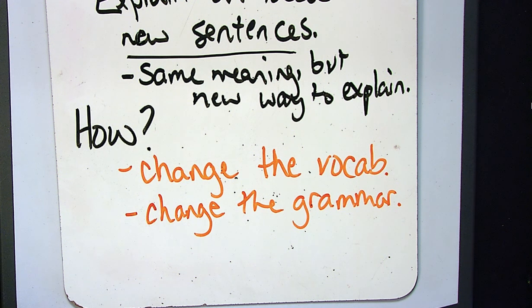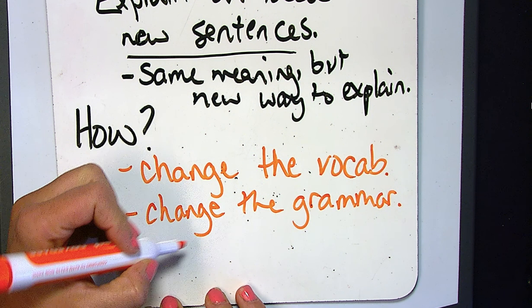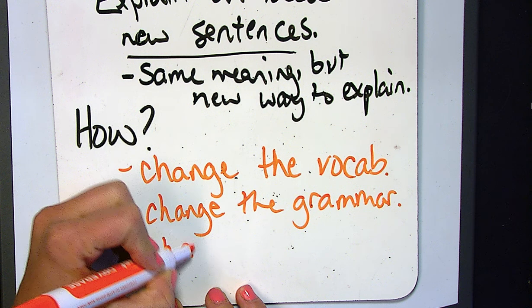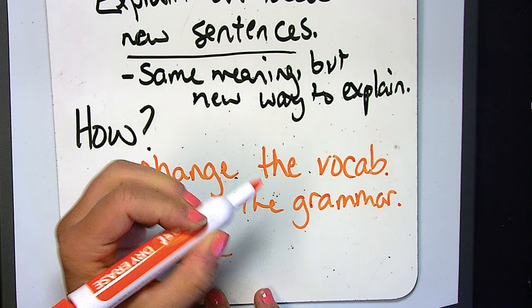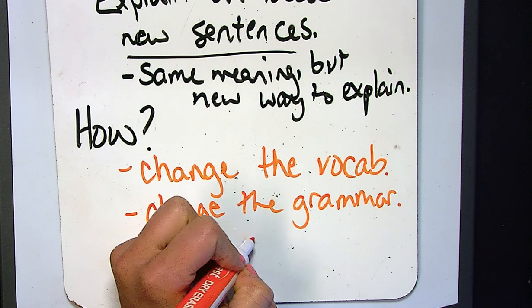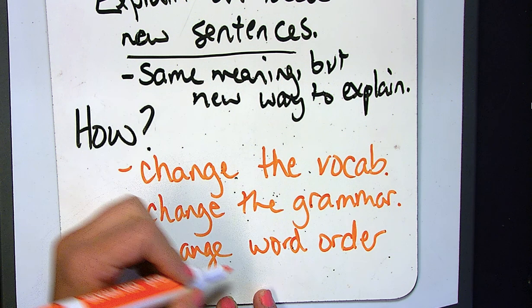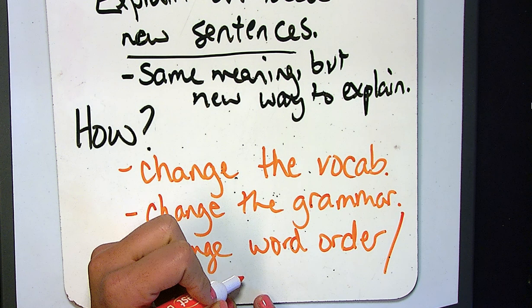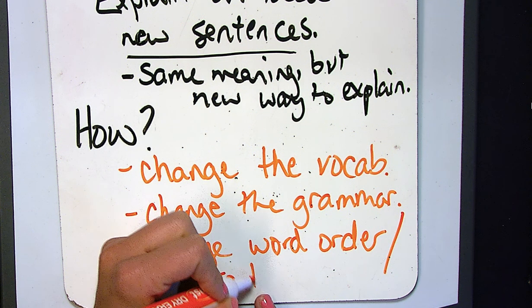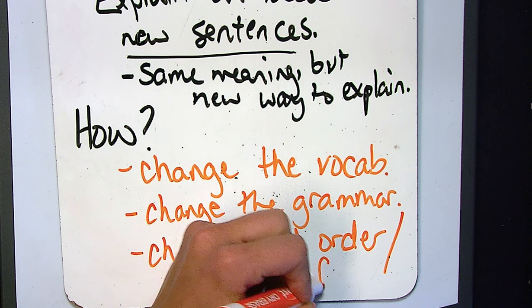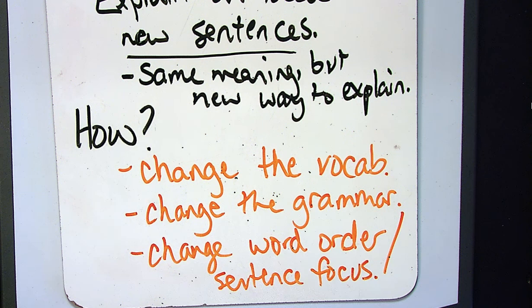So change the grammar is another way. And then sometimes you don't have to change the grammar, but you can just change the sentence order, just the word order in the sentence. So I'm going to say word order. Or maybe, or like sentence focus. We can look at some examples of that.